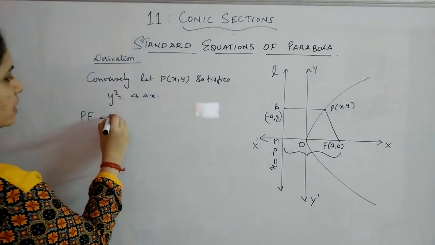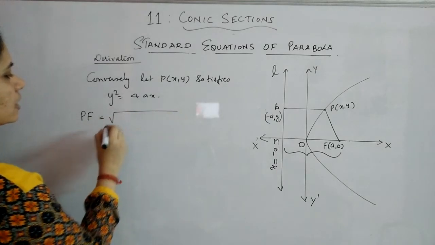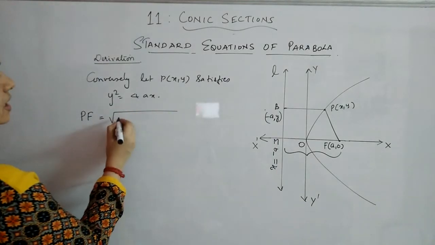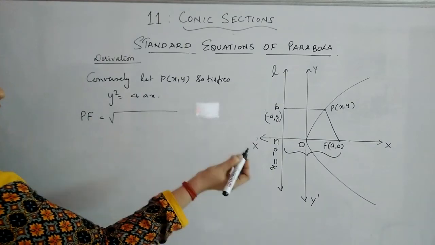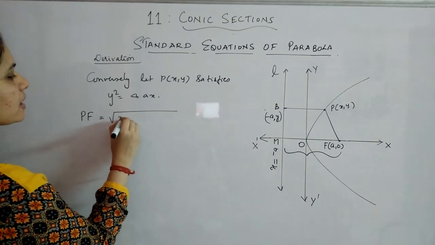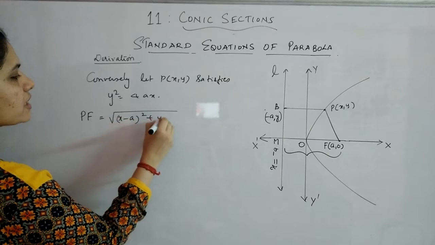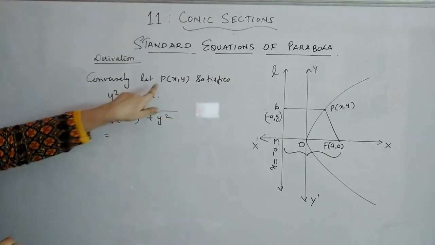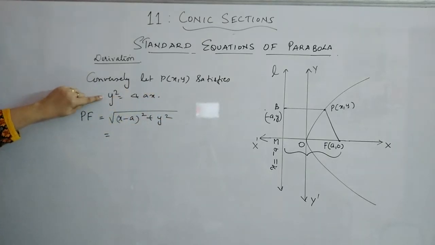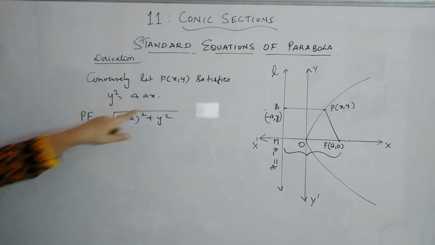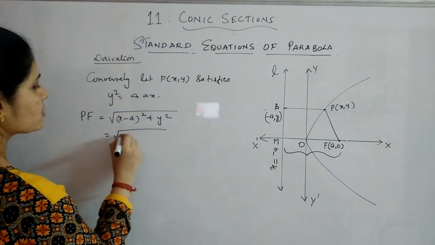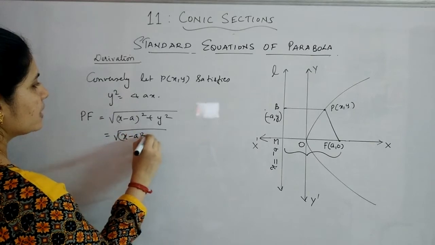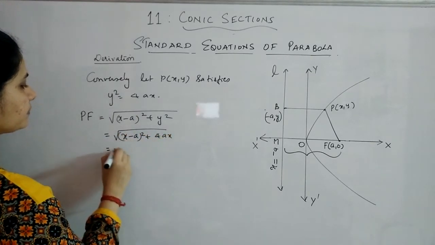So PF, according to the definition, that is the distance formula, P is (x, y) and F is again (a, 0). So PF is root of (x minus a) the whole square plus y square. Now since P satisfies the equation, we can just replace the value of y square with 4ax. So you will get root of (x minus a) the whole square plus 4ax.